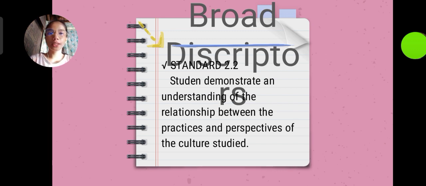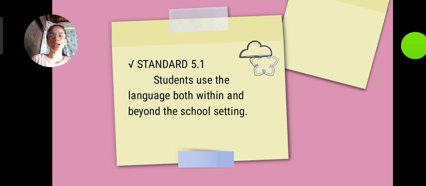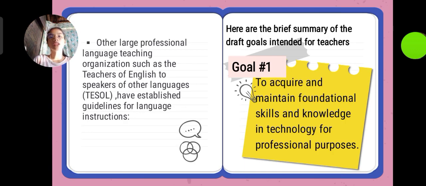The second descriptor is standard 5.1, which is students use the language both within and beyond the school setting. Other large professional language teaching organizations, such as Teachers of English to Speakers of Other Languages, or TESOL, have established guidelines for language instruction.